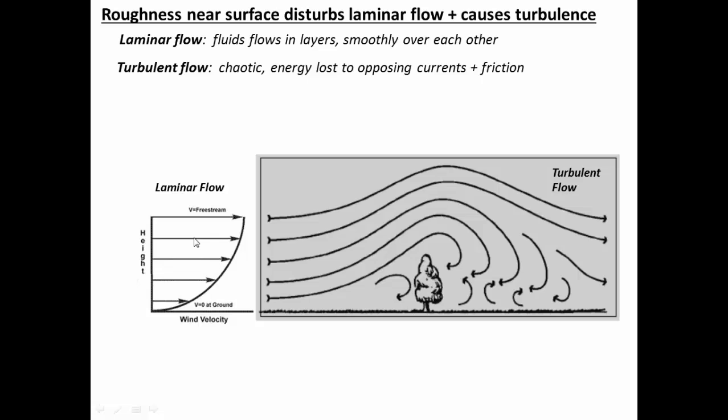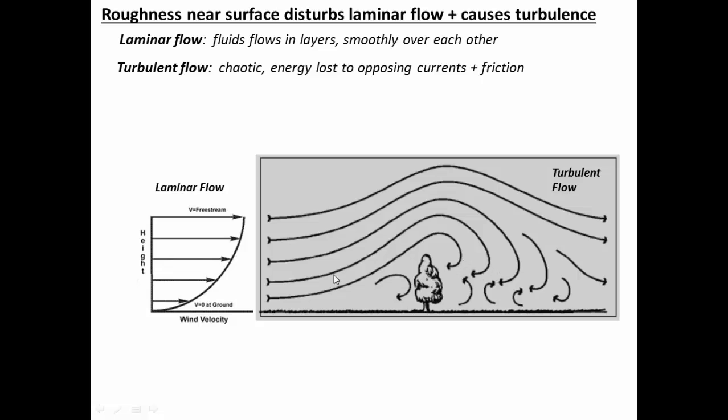If you put an obstruction in the way, like a tree or a house, the wind has to go around it, and these flow lines get disturbed. Then we get what's called turbulent flow, where we get wind going in all different directions, sometimes directly opposing itself. We end up with a chaotic situation with a lot of opposing currents and a lot of friction, and that slows the wind down quite a bit. That's called turbulent flow.